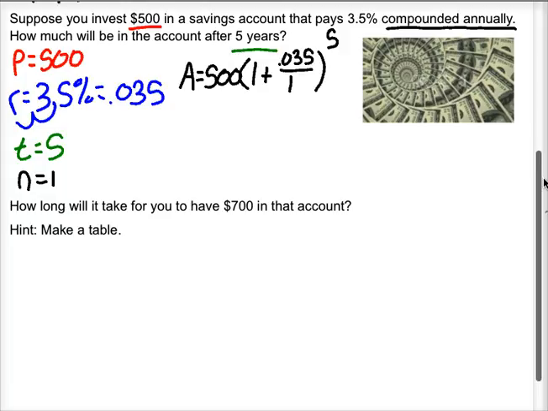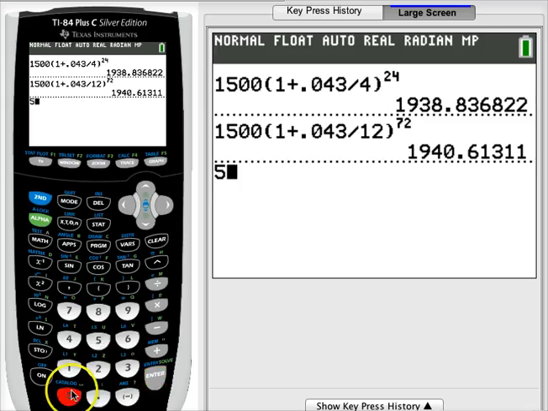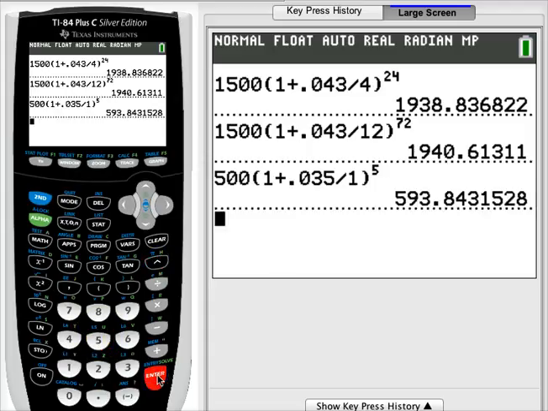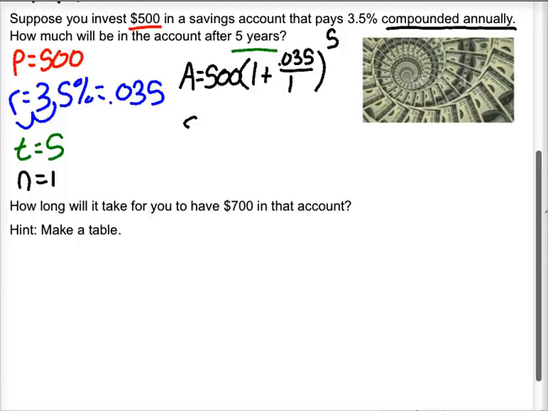All right, so let's take a look at this. I'm going to plug this into my calculator. So 500 times 1 plus 0.035 divided by 1 to the 5th power. That's going to be $593.84 that I would make after those 5 years.